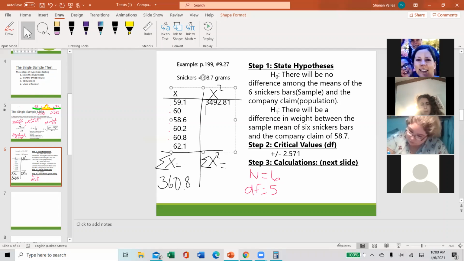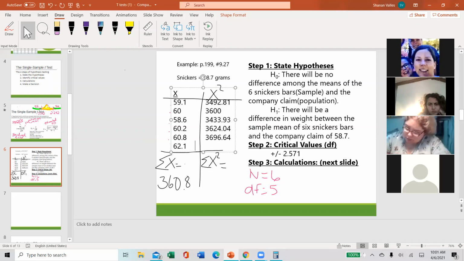They never say they're scared of really small numbers, even though they could have the same number of digits, right? 60 squared, I can just tell you it's going to be 3,600. 58.6 squared is 3,433.96. 60.2 squared is 3,624.04. 60.8 is going to be bigger than that last one, and it'll be 3,696.64.